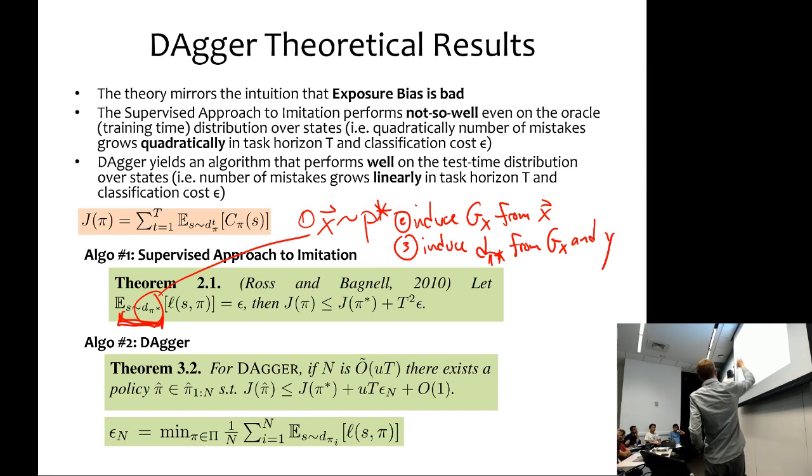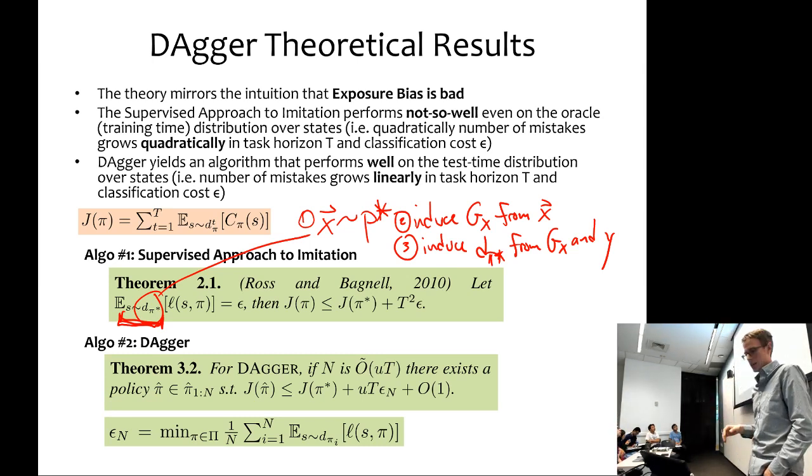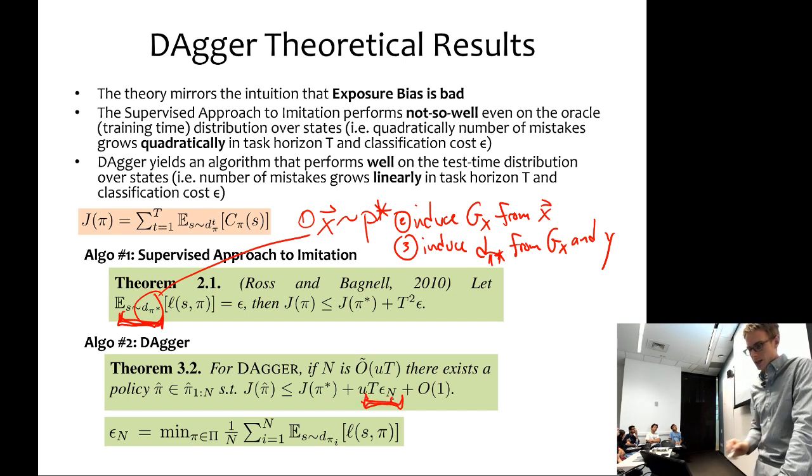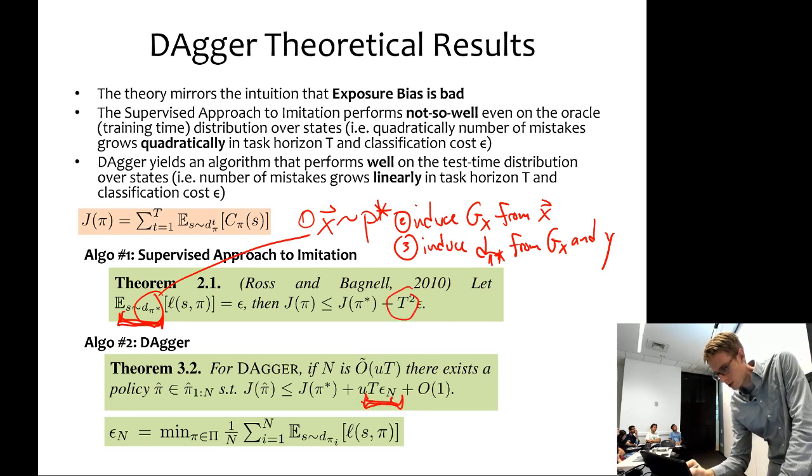So even if the distribution over states is exactly the same as at training time, we still get this lousy bound, where we're only able to bound the number of mistakes quadratically in the task horizon. By contrast, for Dagger we have a similar bound, but there's no t squared term.